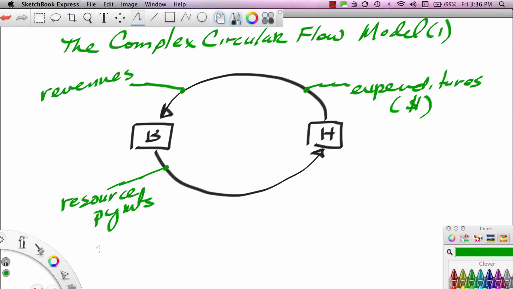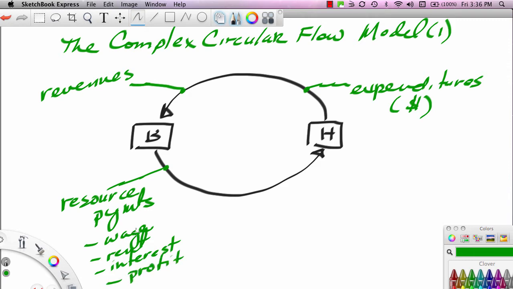And if you recall, when I talked about the simple circular flow, I mentioned that there were actually four basic resource payments. The most important is wages. So you have wage payments, you have rent payments, payments for land or natural resources. You have interest payments, which are the payments for capital, and you also have profit payments, which are the payments to the owners for their entrepreneurship.